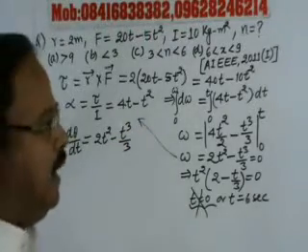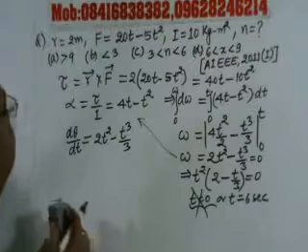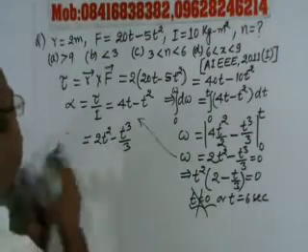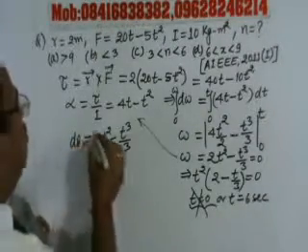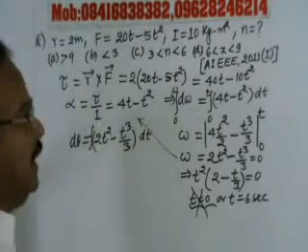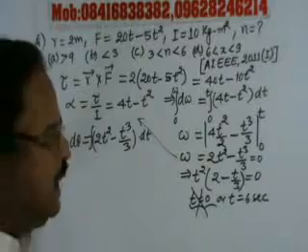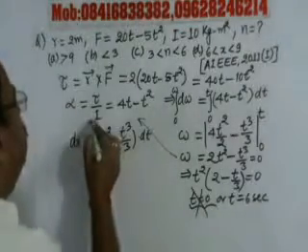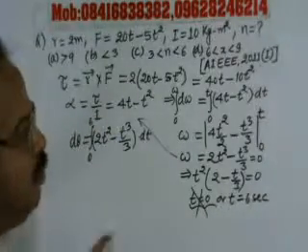Again we follow the same procedure. So d theta will be equal to this much dt, and we integrate it. In this case the limit is 0 to 6.